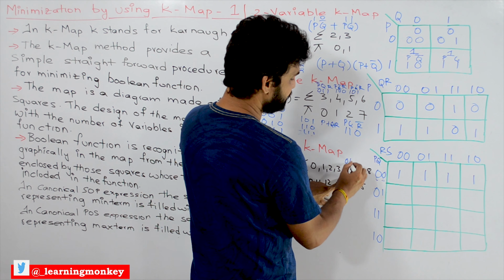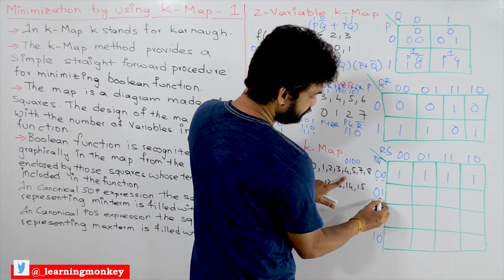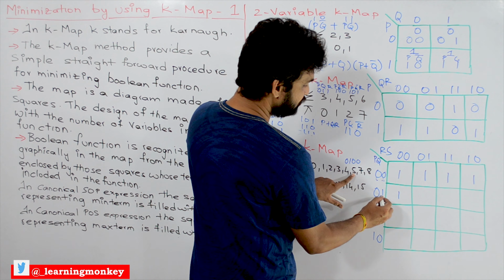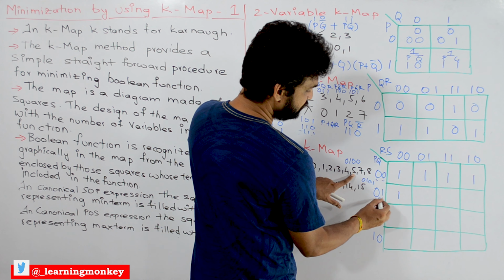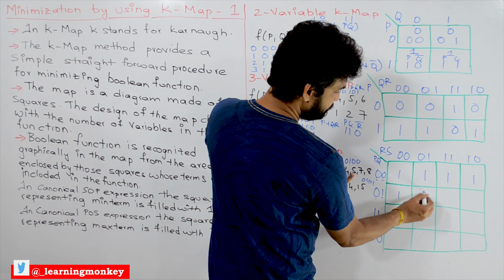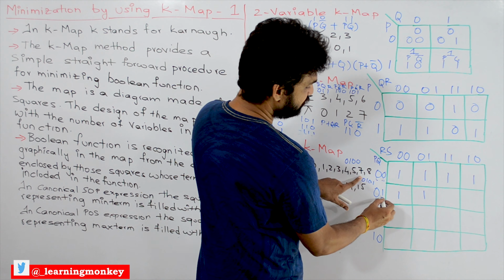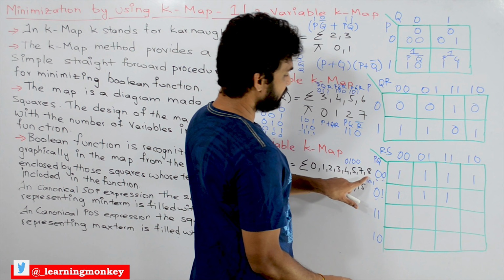Here 4 is represented as 1 0 0, it is 1. 5 is 1 0 1, it is 1. Similarly, 7 is 1 1 1, so it is 1.